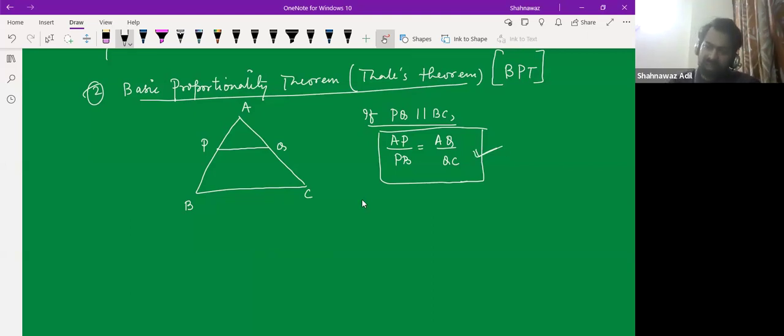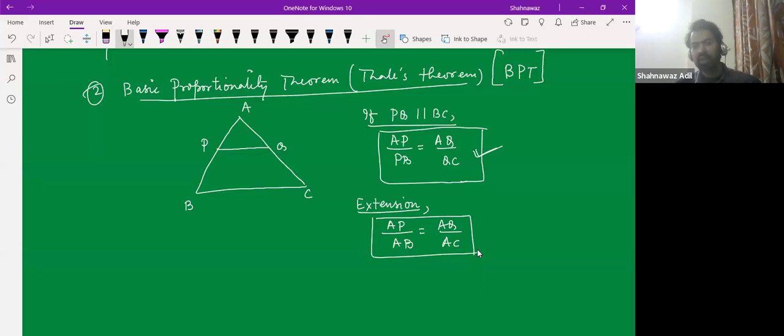And then we also wrote the extension of this. We can also write this as AP by AB equal to AQ by AC. So this was another form. And how did we prove that?